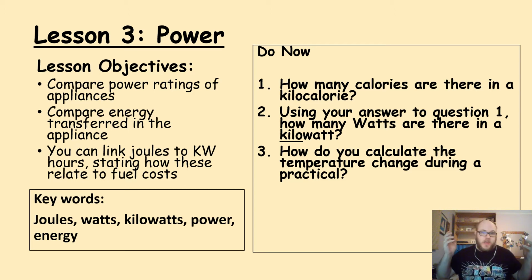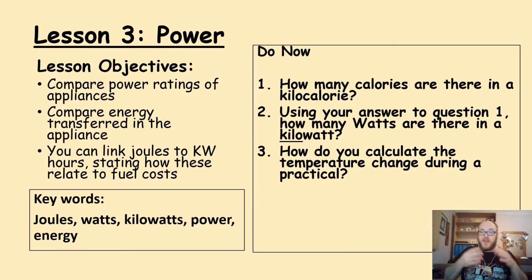Right, so in this lesson, we're going to have a look at power, what it is, why it is, and we're going to look at power ratings of appliances. What does that mean when your TV says 40 kilowatts? We're going to look at what that means in terms of energy transfer, how quickly energy gets transferred from one form to another.